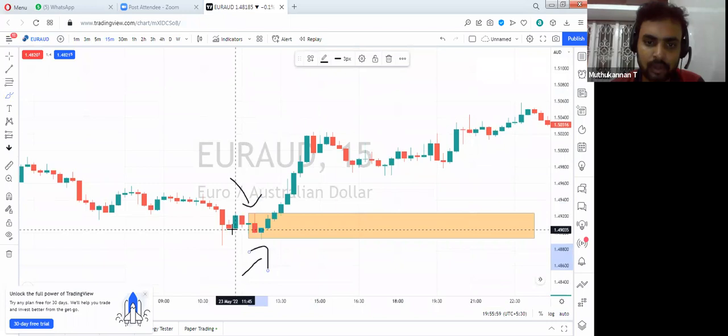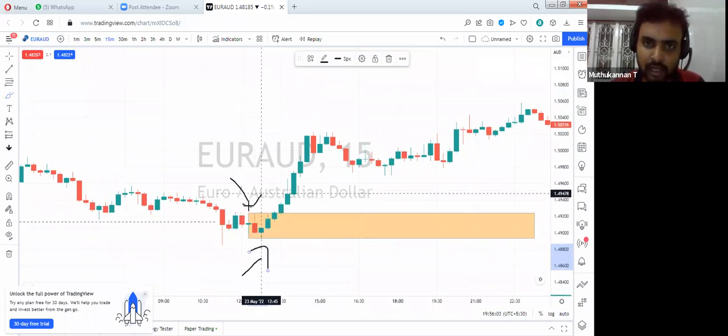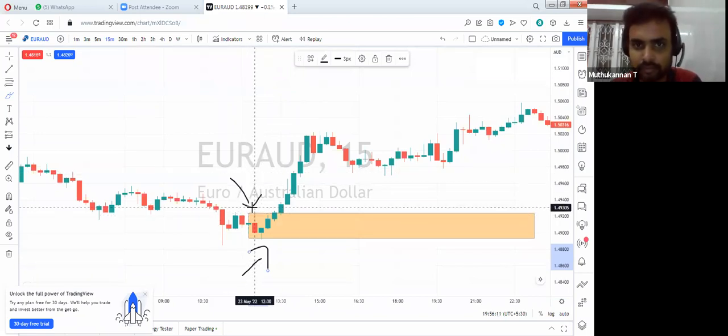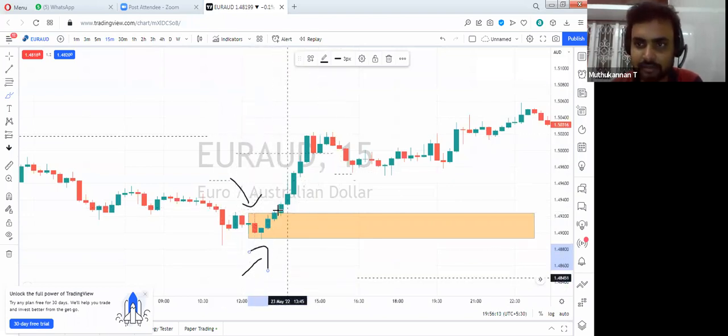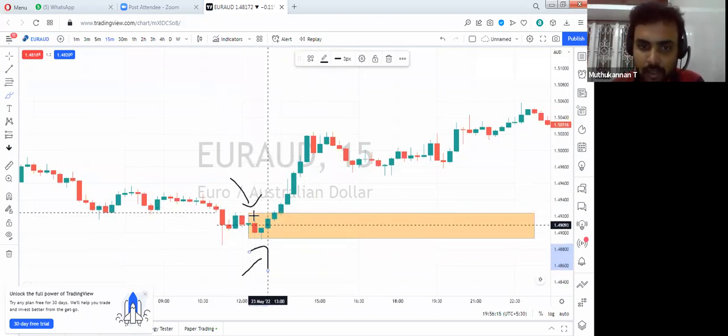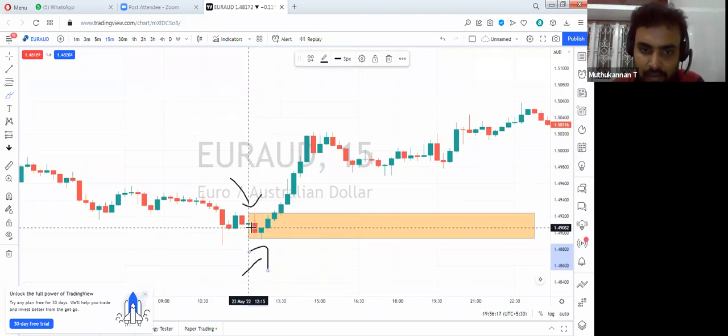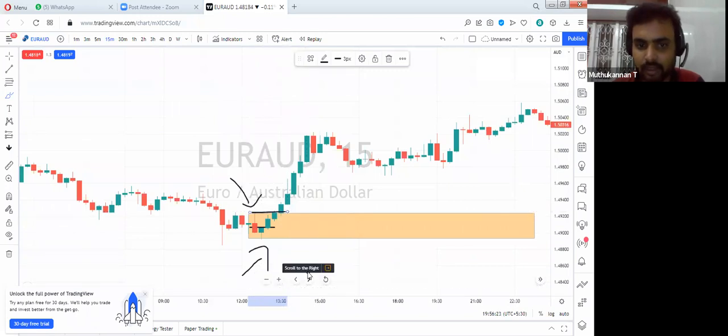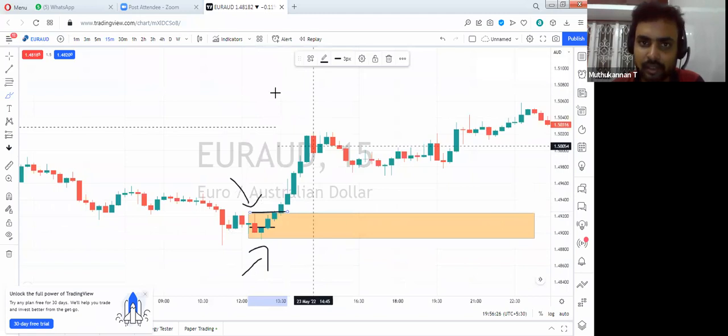So if you sold here as an individual trader, what would be your status now? You'll be losing everything, right? If you are selling from this candle, say for example, here, you'll be putting your stop loss here. So what is your position now? Your stop loss is hit. You lost your money, correct?